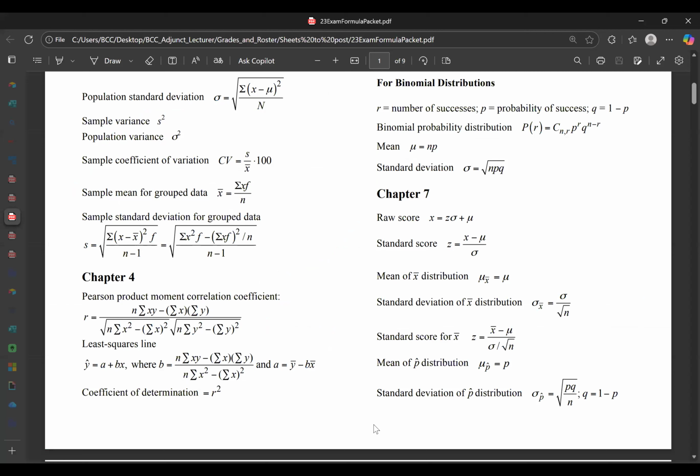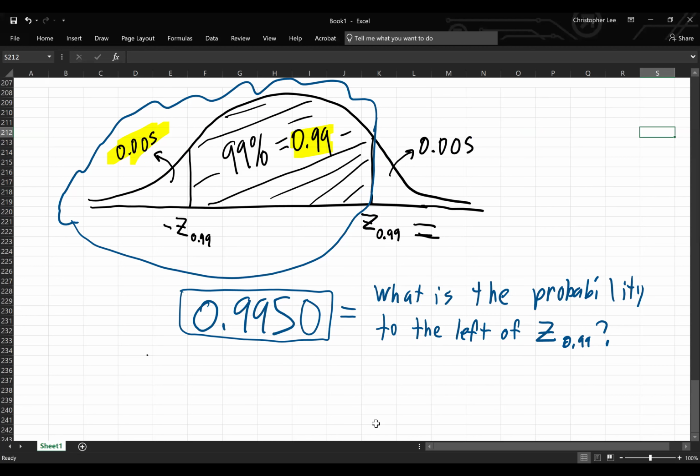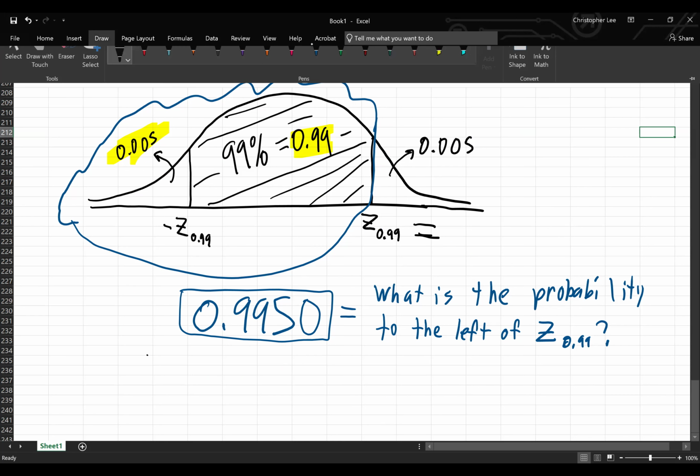I don't know. It should be positive though, if you think about it. Look at this, I'm going to show you something: the normal distribution table. I don't remember which table it is, but it's called normal distribution at the top. The areas of a standard normal distribution, that one.